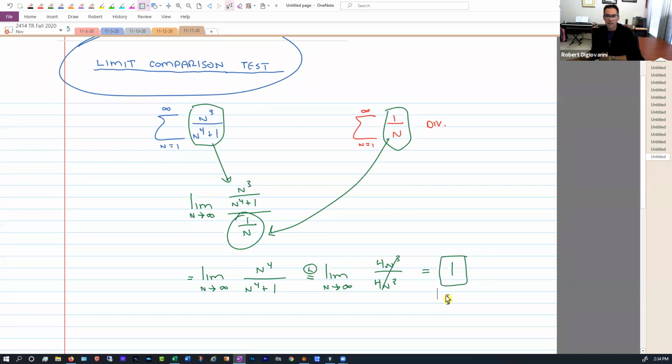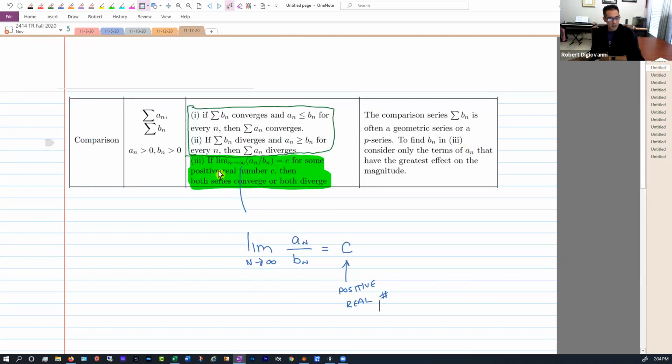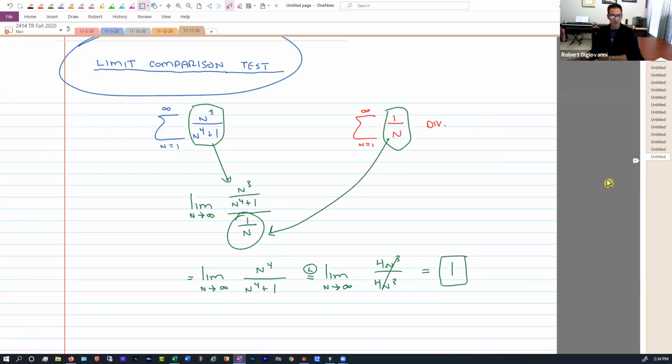Is that answer a positive constant? Is that a positive real number? Yes. So according to the test, if that limit turns out to be some positive real number, then both series converge or both series diverge. So what do our series do?